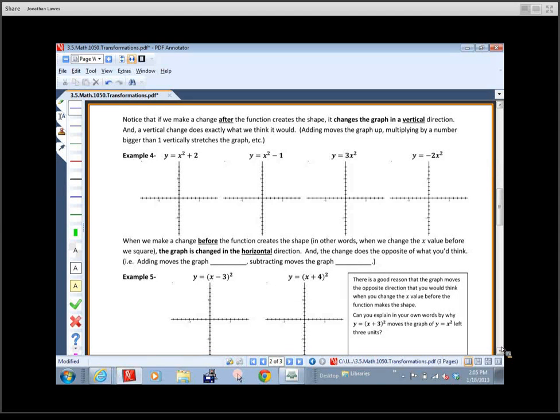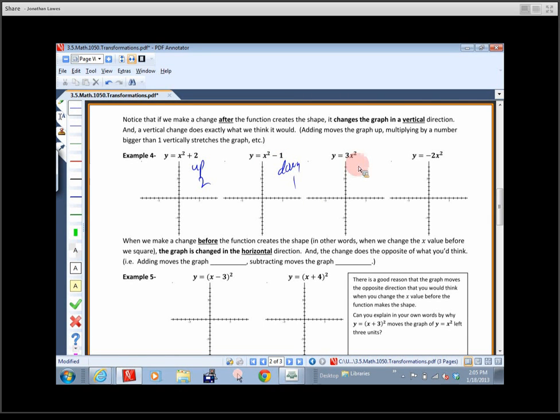Okay, and this is where we want to look at each one of these and think about how these changes took place. You'll notice that I've got x squared and then I add 2. That's going to move it up 2, right? I've got x squared, that's that plain old parabola shape, that parent function, and then I subtract 1 from it, that's going to move it down 1.